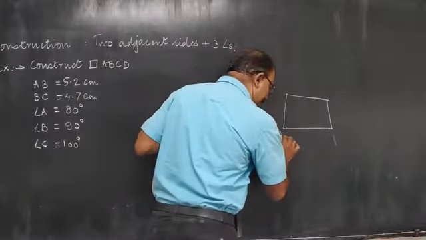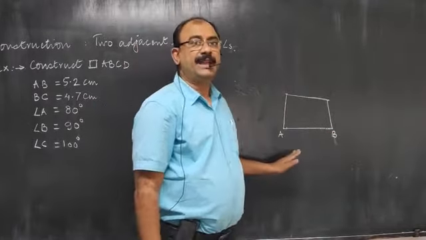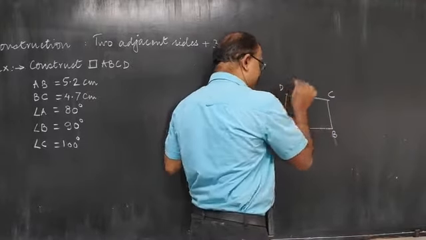So I'll write here A, here B. Obviously the name of the quadrilateral is ABCD. So after A and B, C will come here and D will be here.